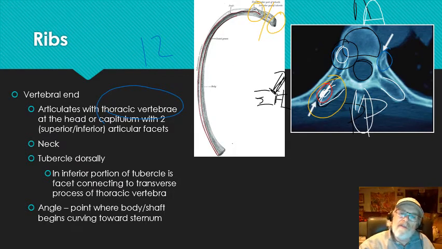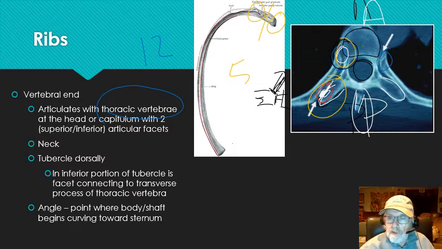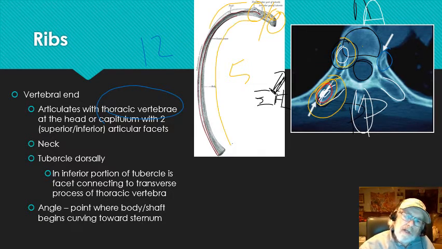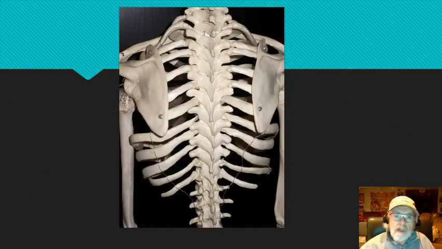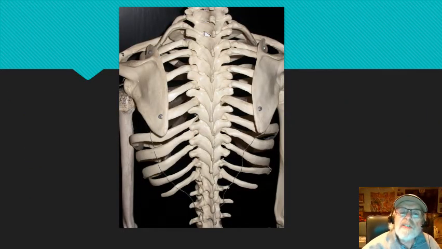So if this was the 5th rib, it's attaching to the body of the 5th vertebrae right there, also to the area of the transverse process of the 5th vertebrae, but then that small odd facet on top attaches to the 4th vertebrae. Hopefully that's pretty easy to understand. We talked about the angle, where the ribs start to go anteriorly towards the sternum at that point. So that's what we see basically on the architecture of a rib. This is just giving you a little idea as to what we're talking about.